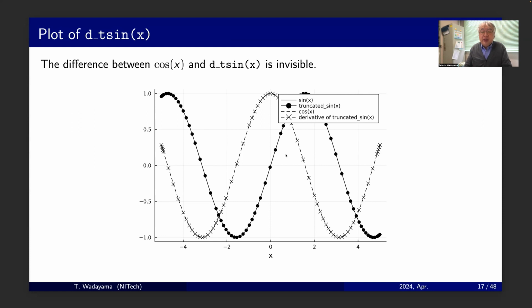We cannot see that difference. This example indicates that the program computing the truncated sine function is correctly differentiated to a cosine-like function. This is an example that a program with a loop structure and if-then-else structure can be easily differentiated.